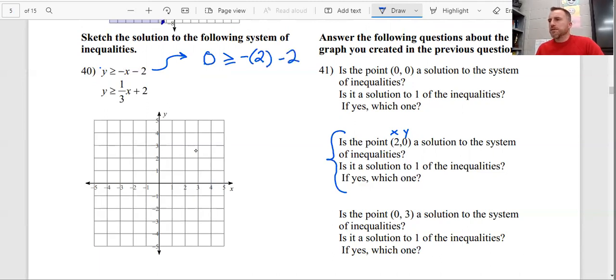We get 0 is greater than or equal to negative 4. So is that true? It is true, which means that it's a solution to the first inequality. But if we want to know if it's a solution to the whole system, we have to work through the next part as well.